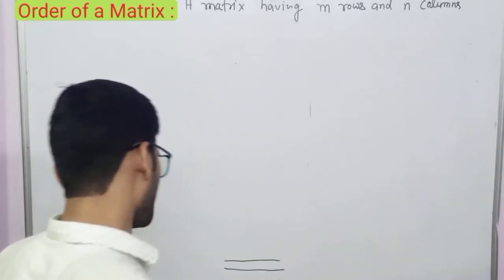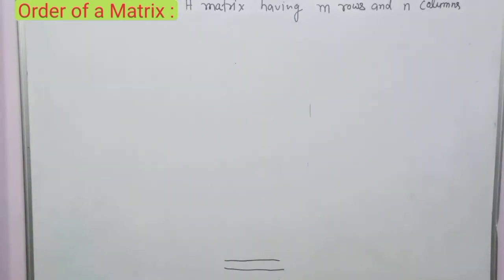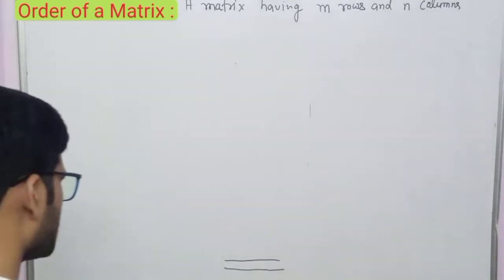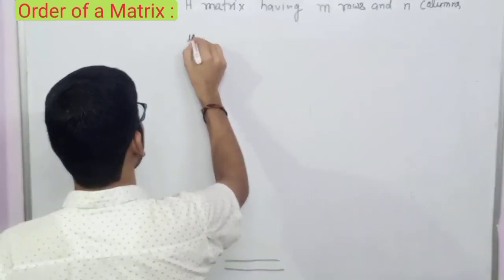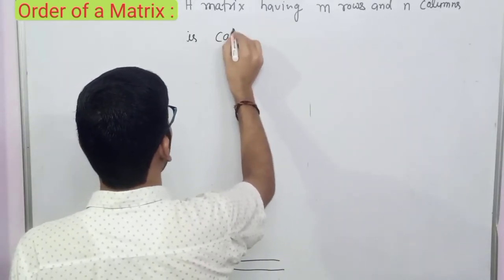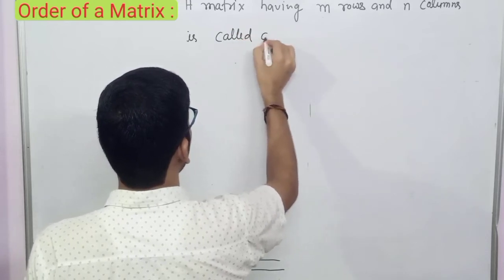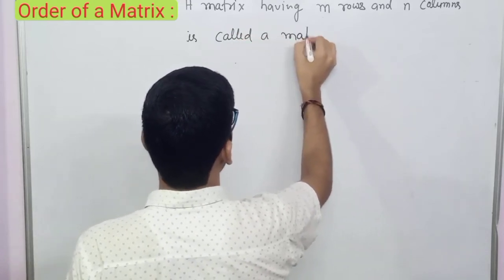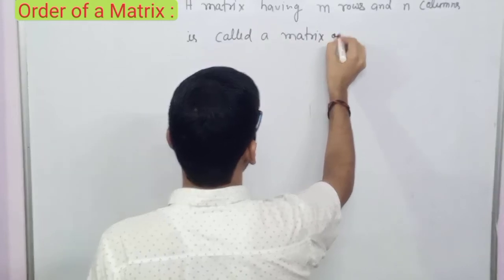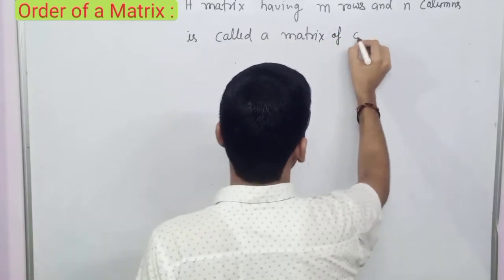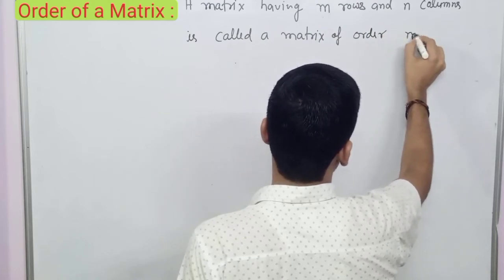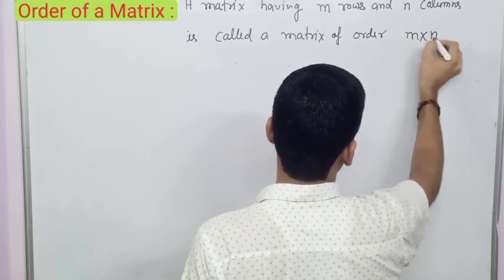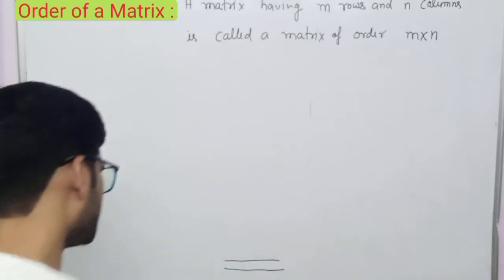A matrix having m rows and n columns is called a matrix of order m cross n, okay.